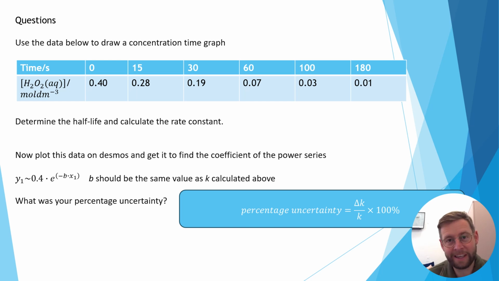How close were you? One final point of interest is, because these exponential laws, these decays, are very similar to what's used in physics, when you're looking at radioactive decay in physics, you use something called the decay constant lambda.